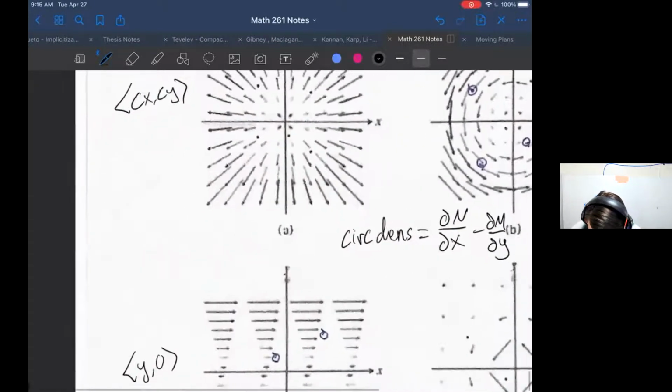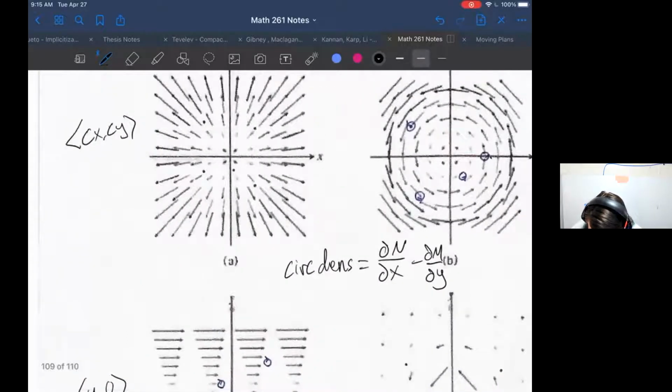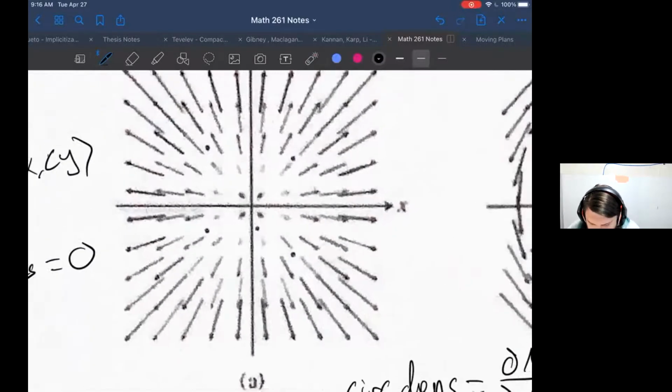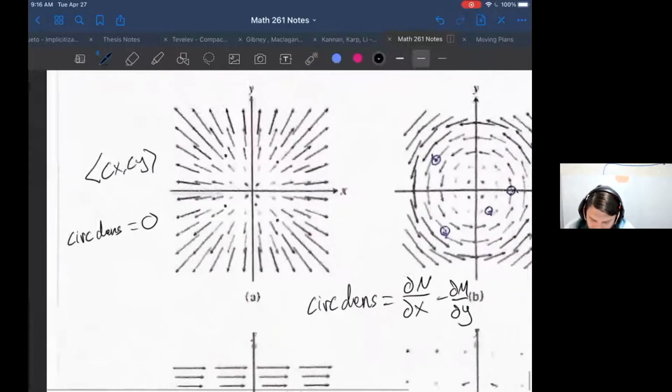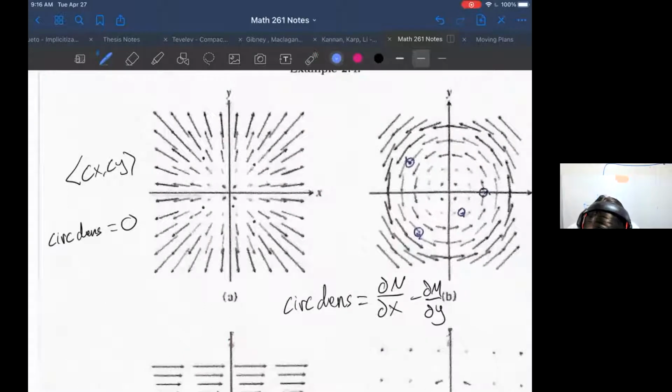Right, so if we compute this for the first vector field, we should get a 0, because del n del x is a 0 and del m del y is a 0. So we should get 0 here.